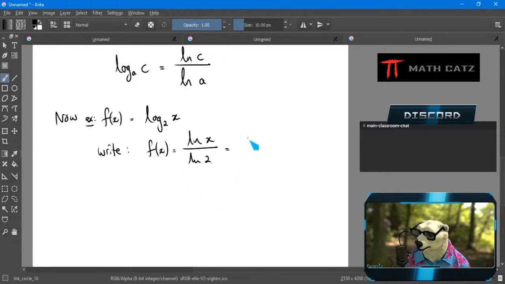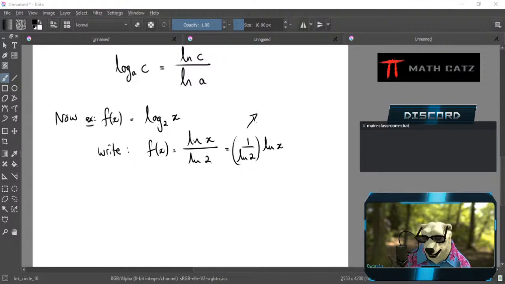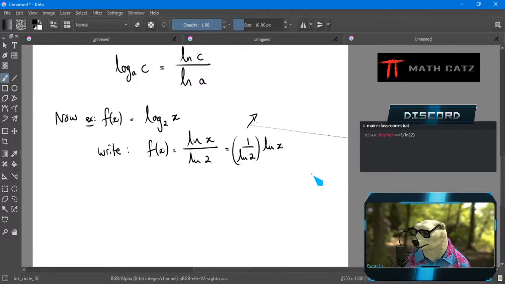But notice what this is. The log of 2 is just a number. So what I have here is some number, let's calculate it, times natural log of x. Let's calculate it. 1 over ln of 2. Come on, MathBot. 1.44. Yes, it continues forever, which is why I don't write the decimal number.